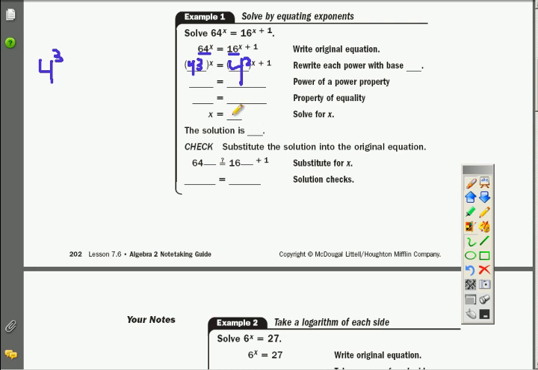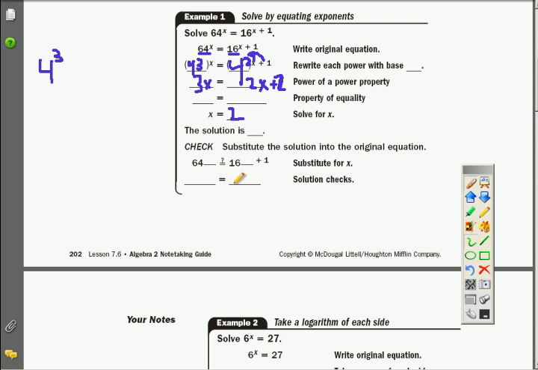So now we have the same base. Therefore, 3 times x must equal, and I have to take that 2 and multiply it times the x and by the 1. So 3 times x equals 2x plus 2. When I subtract 2x on both sides, I get x equals 2.